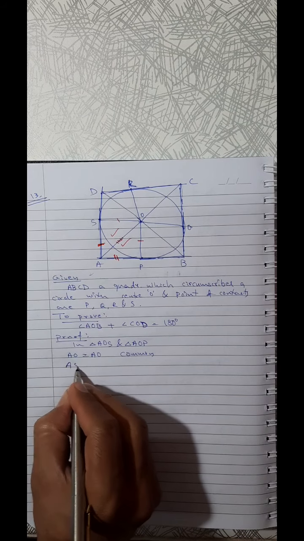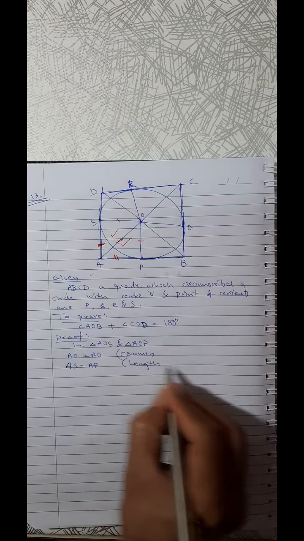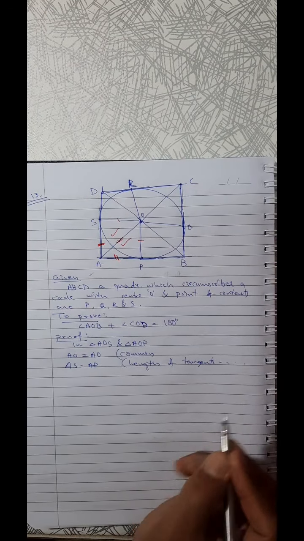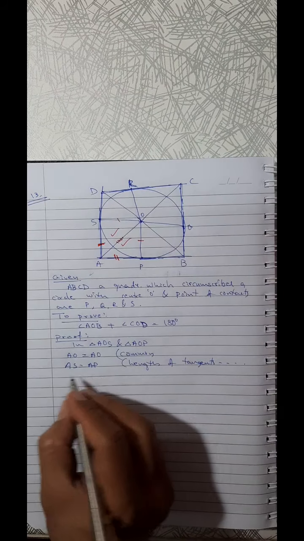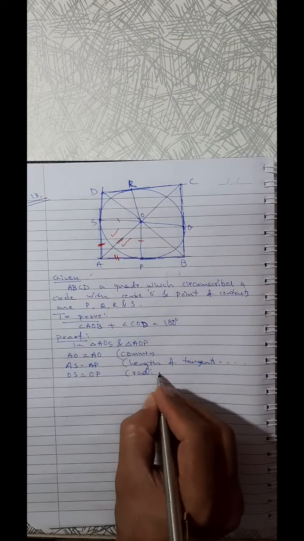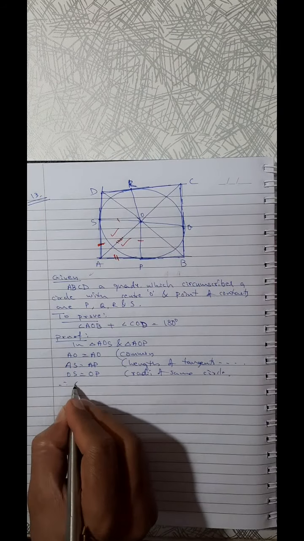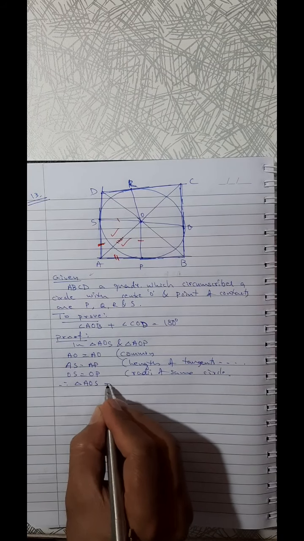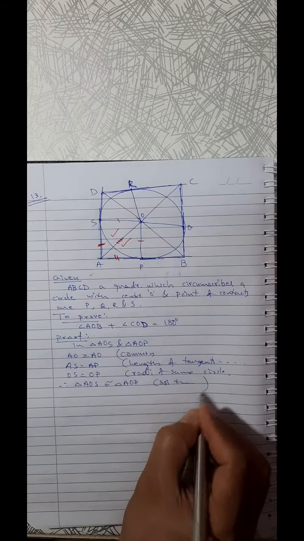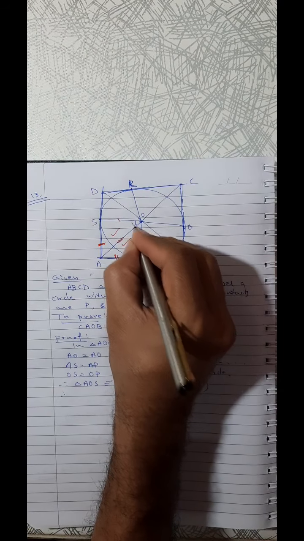AS equals AP, length of the tangents drawn from an external point to a circle are equal. OS equals OP, radii of the same circle. Therefore, triangle AOS is congruent to triangle AOP. Which theorem? SSS theorem. Therefore, angle 1 equals angle 2.